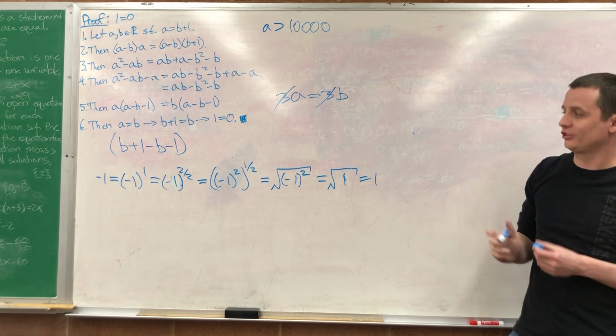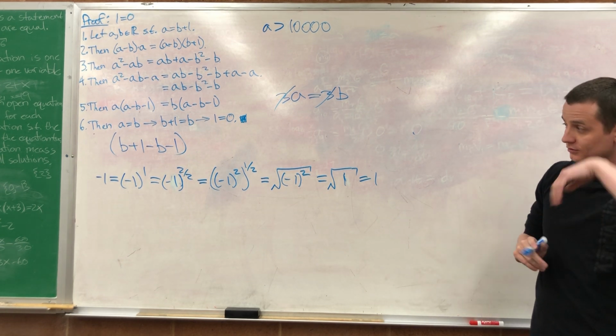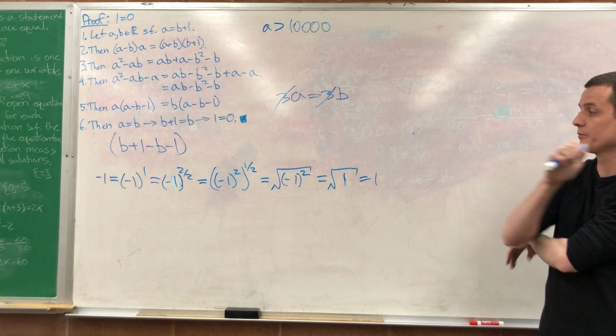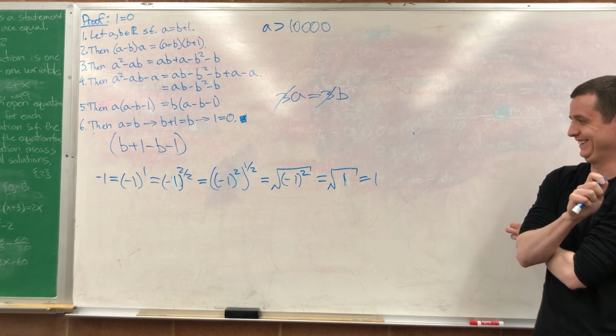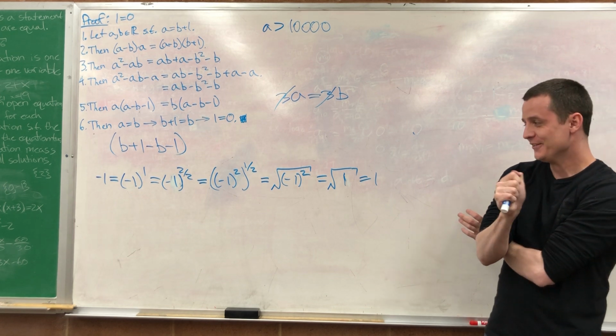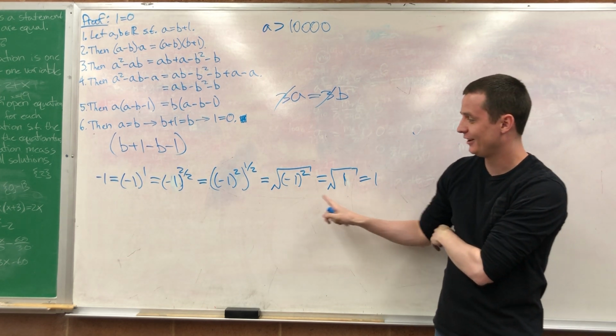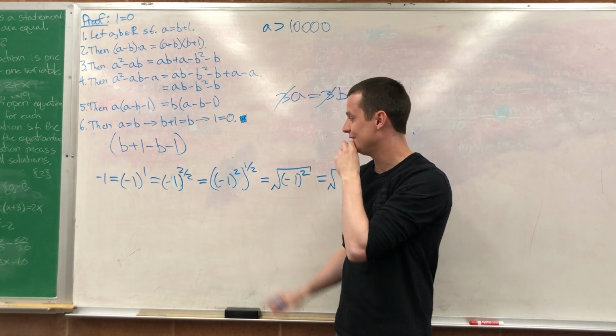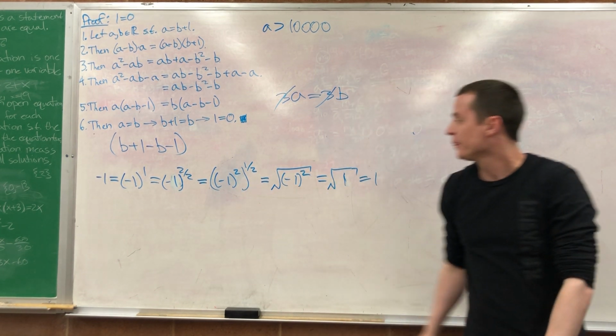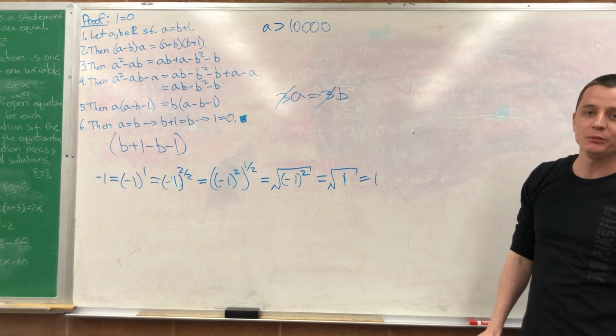Okay, so what's the problem with this one? Where do we cheat? This one looks pretty solid. This one maybe. That one also a little fishy. Where do we cheat?